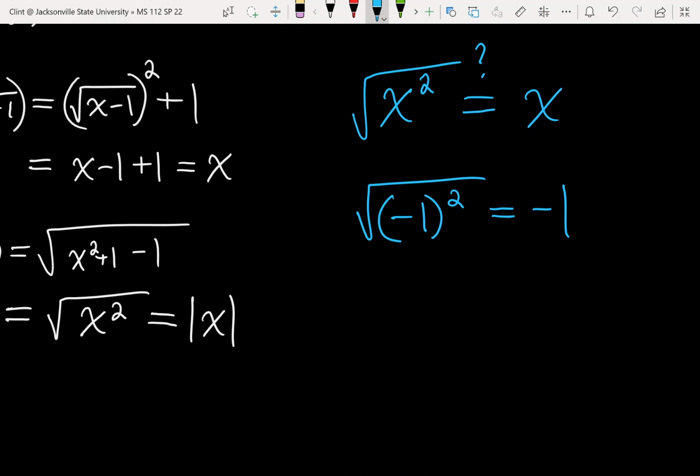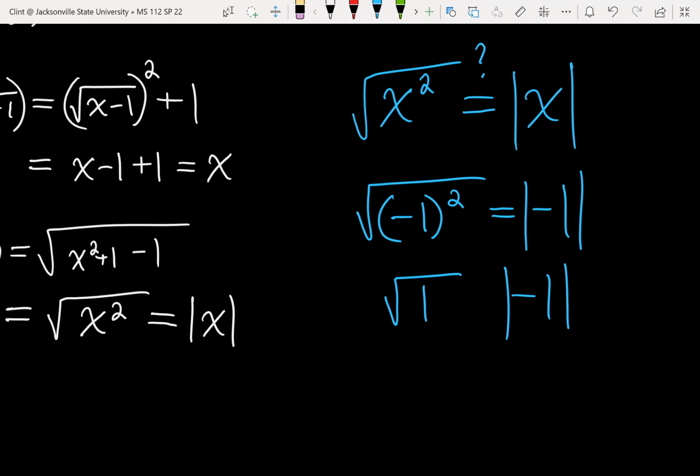Then we would square the negative 1, get 1. That says the square root of 1 is negative 1, and that's not true. If we put the absolute value on both sides, then yeah, the square root of 1 is 1, absolute value of negative 1 is 1, and that works.